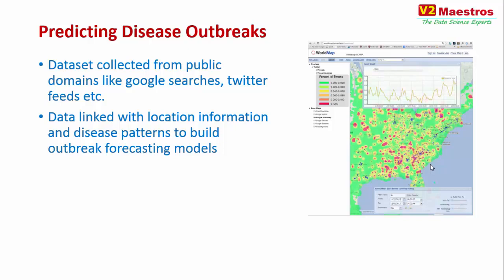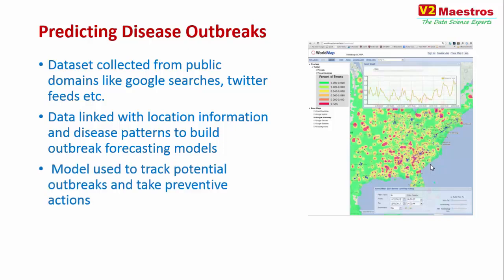If a disease is starting to break out in a specific locality, the government can immediately start marshalling its resources to send preventive care, more medicines, more doctors, and so on. They can organize a couple of days in advance and prevent more outbreaks in the same area. So data science is helping to prevent, or at least manage, these disease outbreaks.